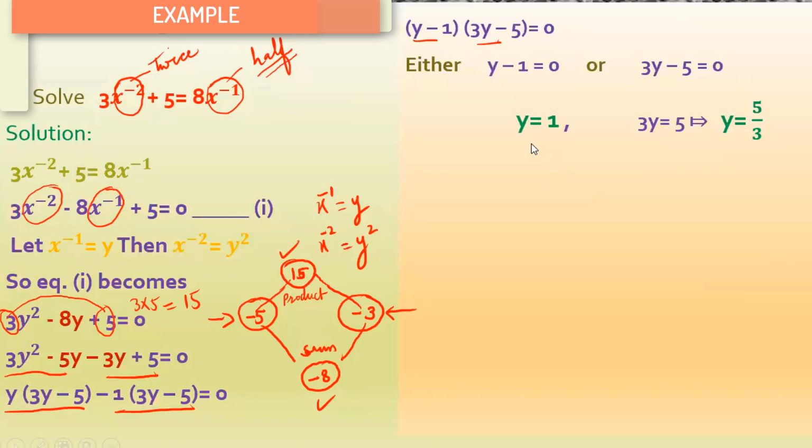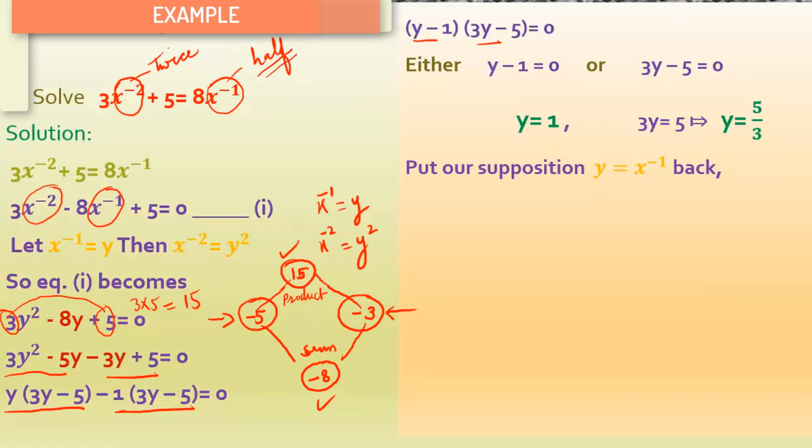So what we need to think, we have to put the values of y, right? Look, put our supposition y is equal to x raised to the power minus 1 back.